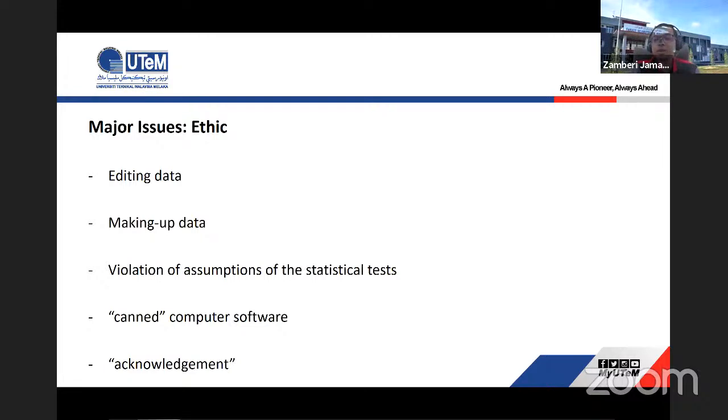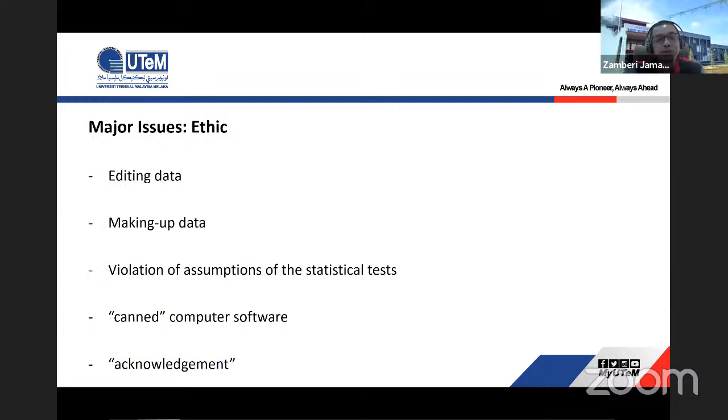Always ask them, how do you get this data? What are the analyses that the computer might be based on? If they don't have the theoretical knowledge on the topic, they will be trapped in this computer software syndrome of not knowing how it is being obtained.